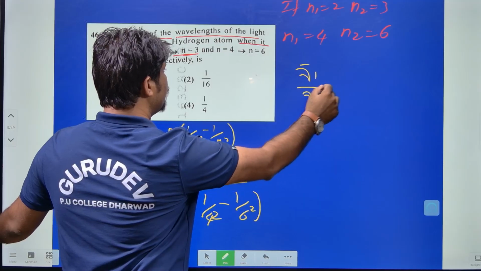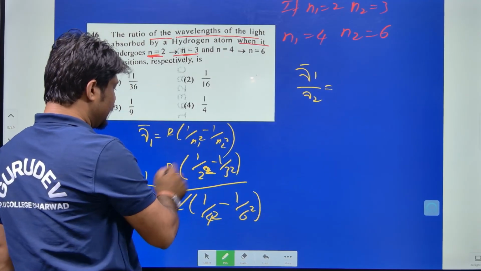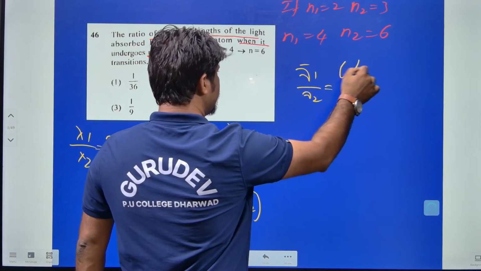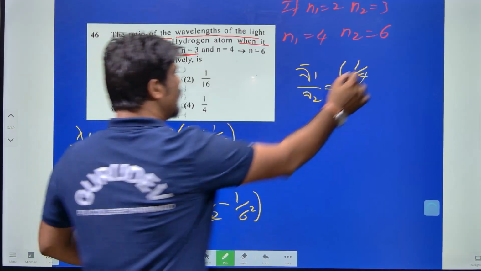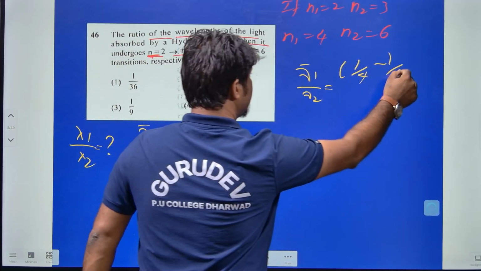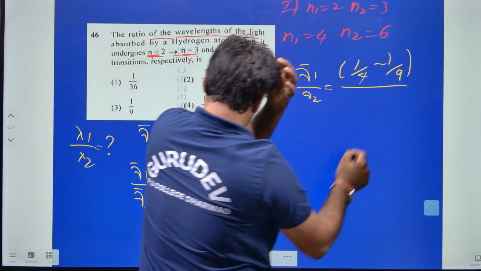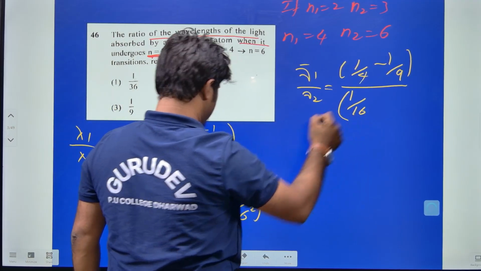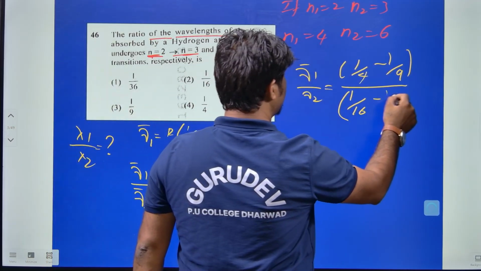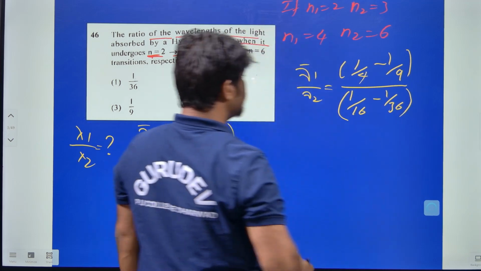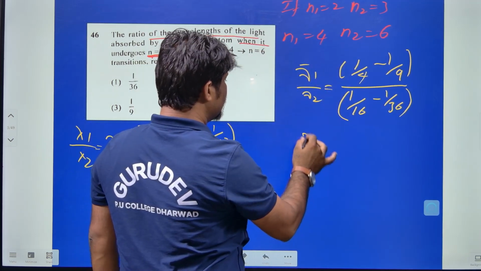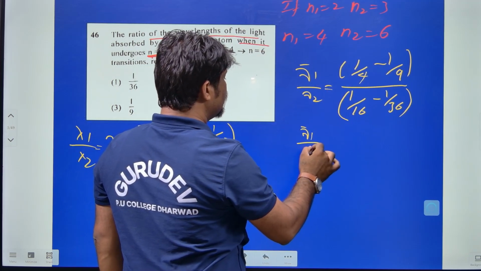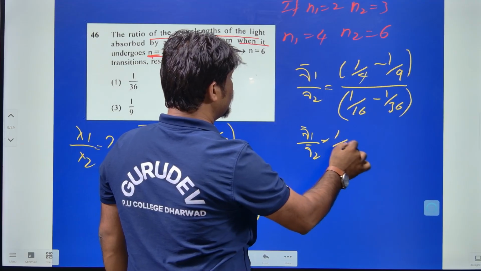On further simplification, here both R will get cancelled. That is 1 divided by 4 minus 1 divided by 9, all divided by 1 divided by 16 minus 1 divided by 36. On further simplification, nu bar 1 divided by nu bar 2 is equal to 1 divided by 4.